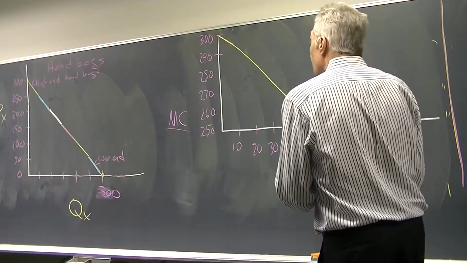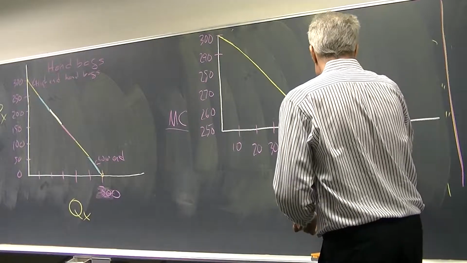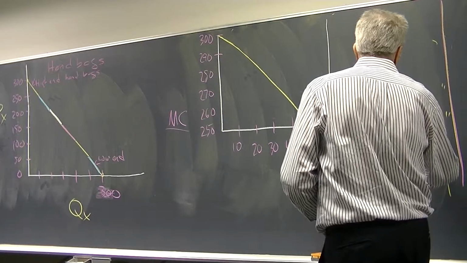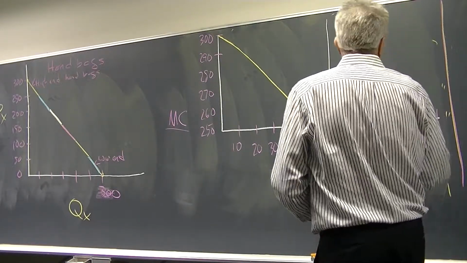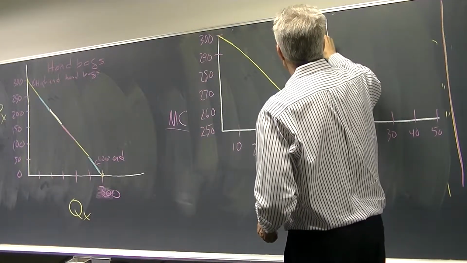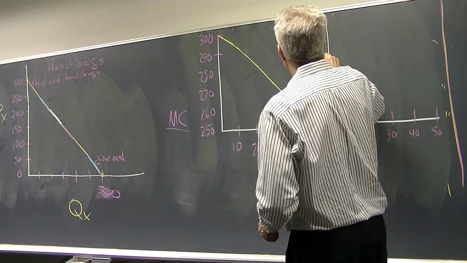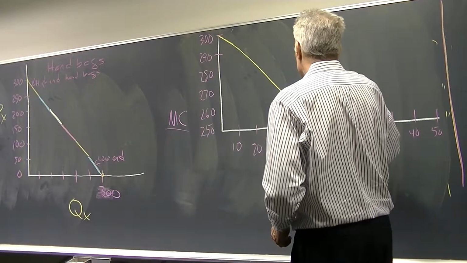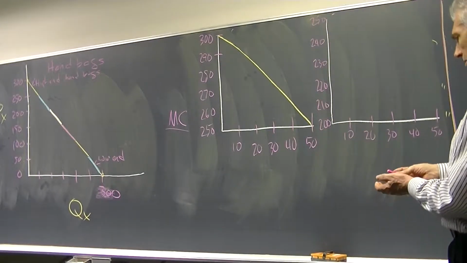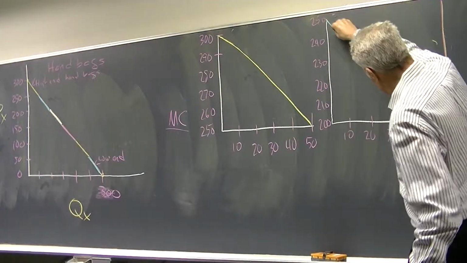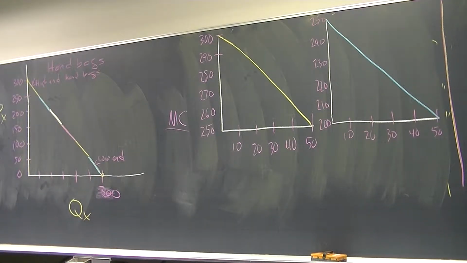Again it's 10, 20, 30, 40, 50 in that segment, but now the prices are 250, 240, 230, 220, 210, 200. And now we use blue. That's that market segment. That's what monopolistic competition is.